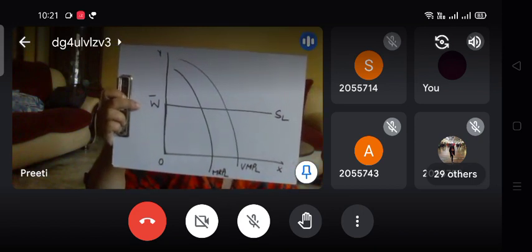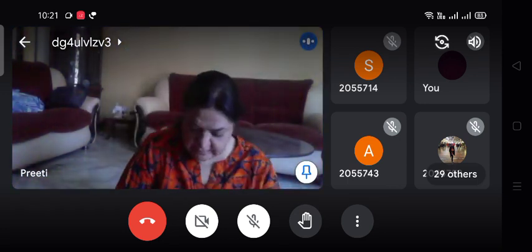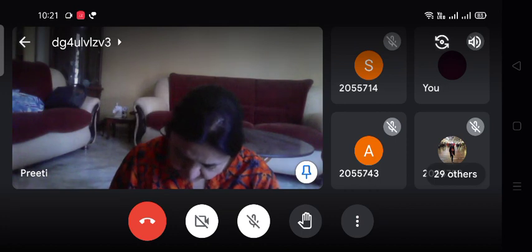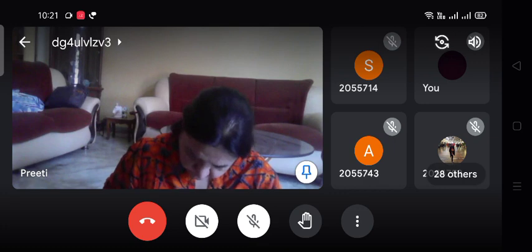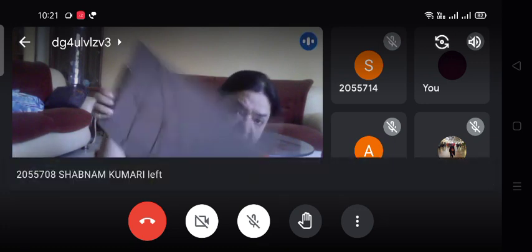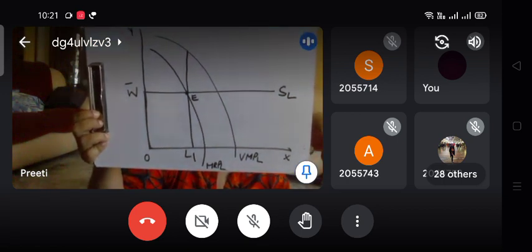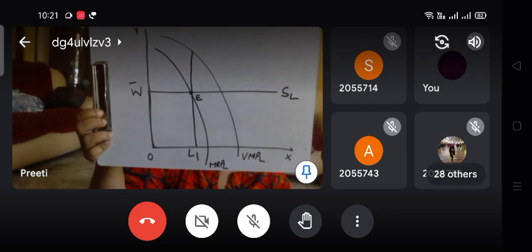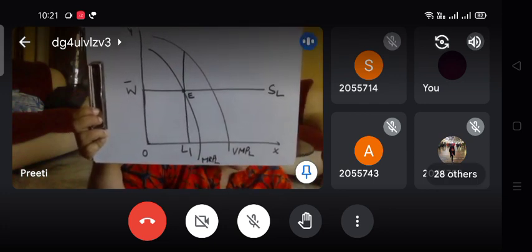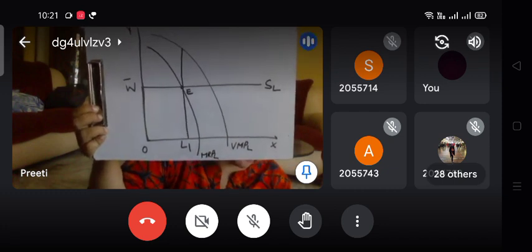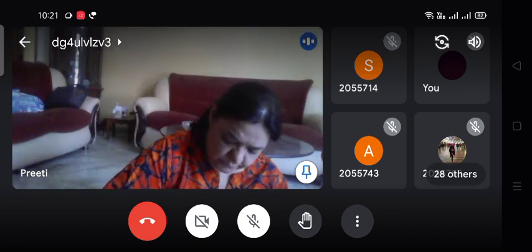The equilibrium is established where MRP intersects the supply of labor curve at point E, and the number of laborers hired at this point is OL1. Extend the EL1 line up to VMP, and call the point where it touches VMP point H.